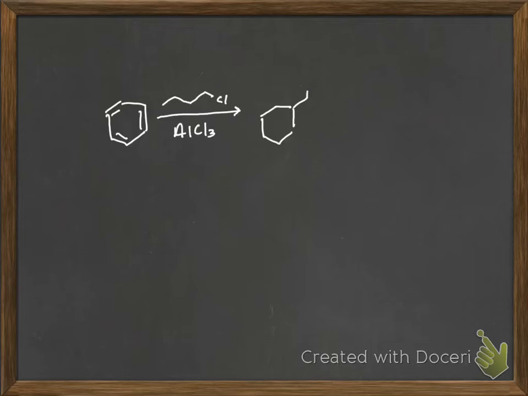If you remember from the Friedel-Crafts alkylation video, I showed you that if you take this aromatic ring and you react it with, say, 1-chlorobutane and aluminum trichloride, this would be your product.